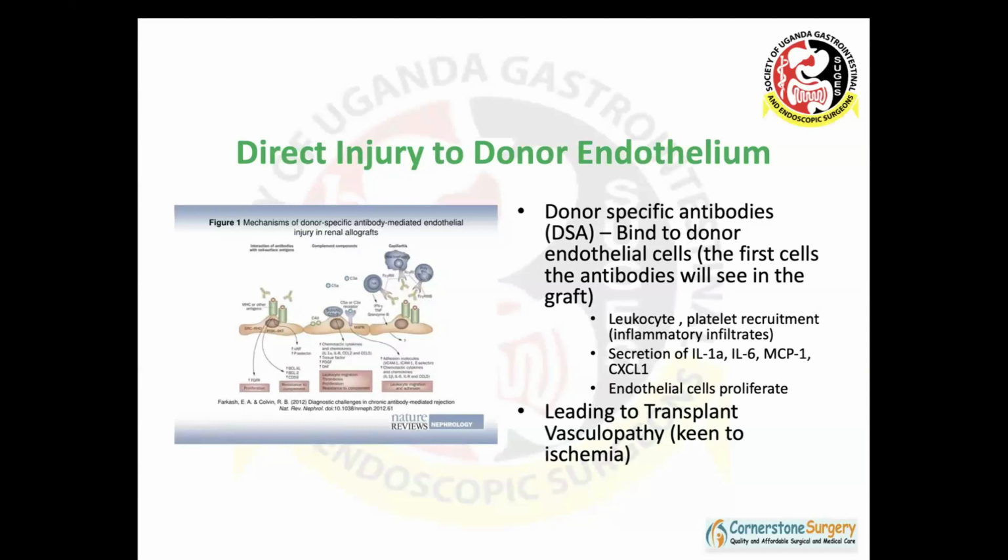The vasculopathies is almost like causing ischemia in the graft. So antibody-mediated response causes early graft rejection. If it is not addressed, the graft is going to be rejected very early.